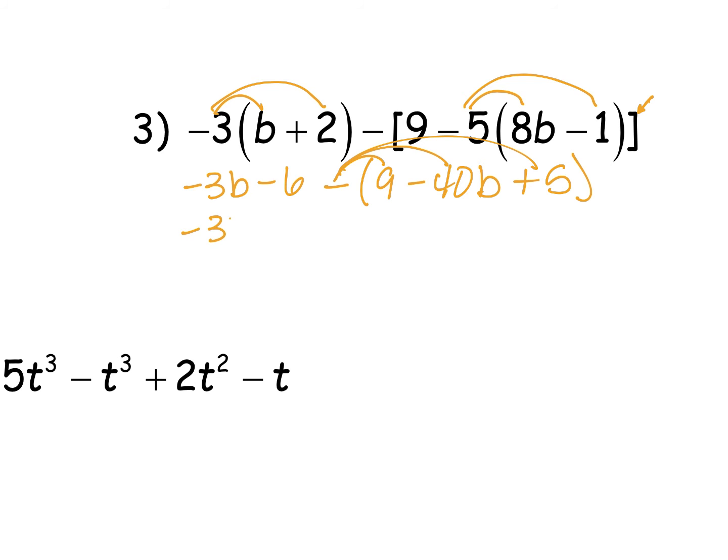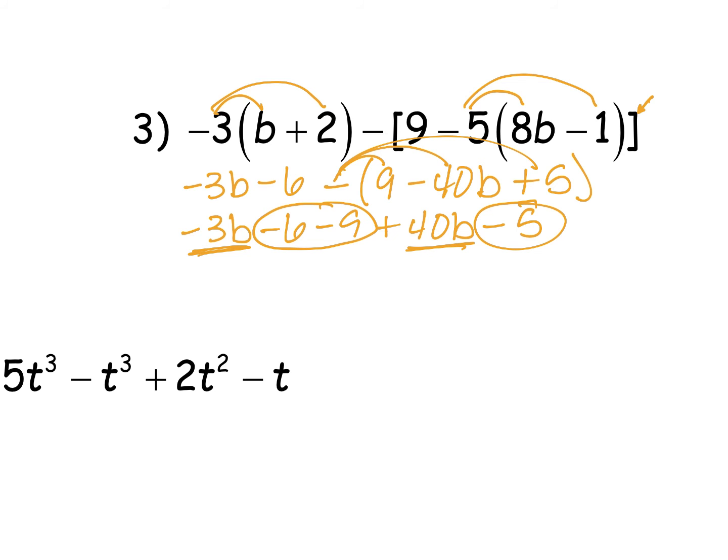So I've got negative 3b minus 6 minus 9 plus 40b minus 5. Find your like terms. So I've got the b's and the constants together. And that gives me 37b minus 20, I believe. Questions?